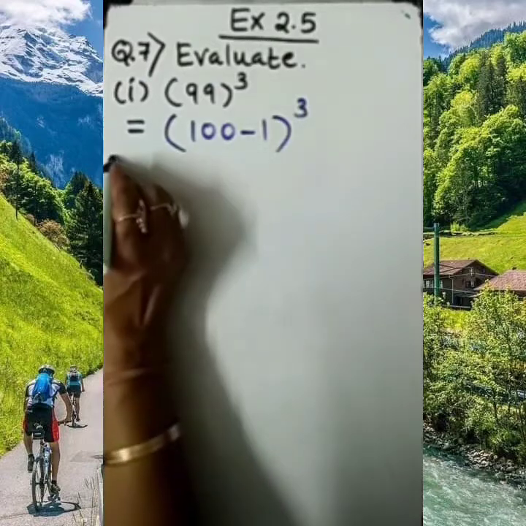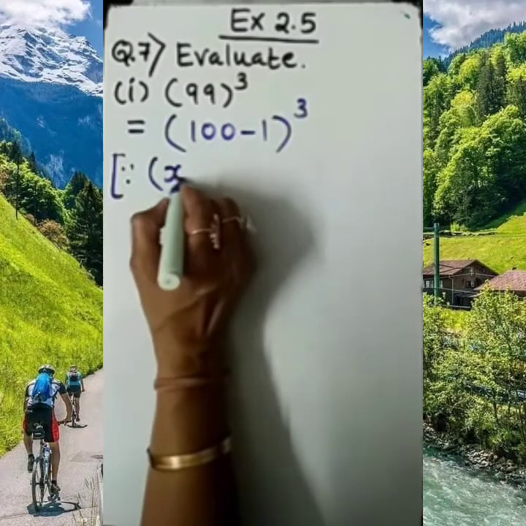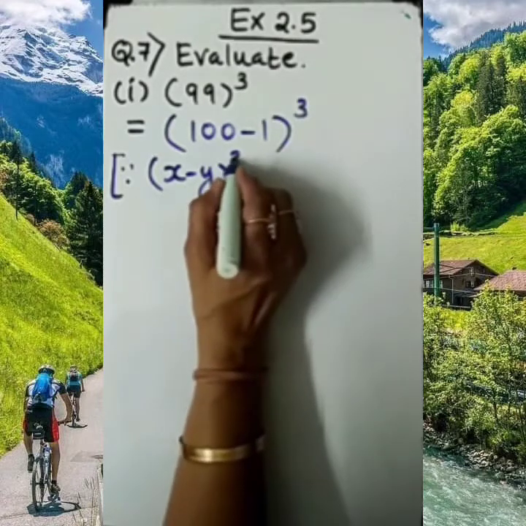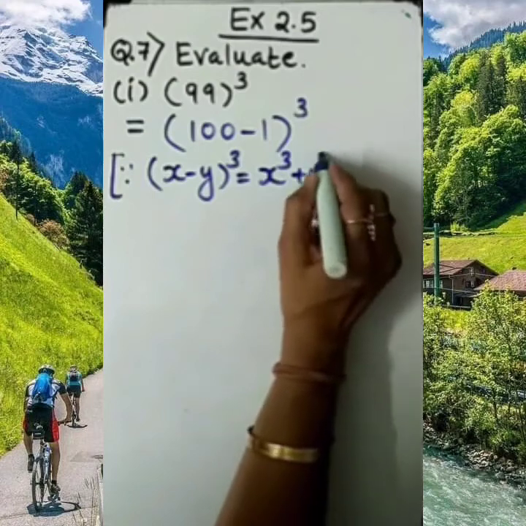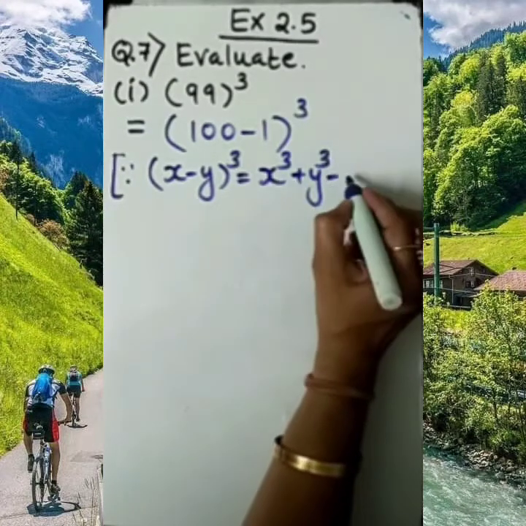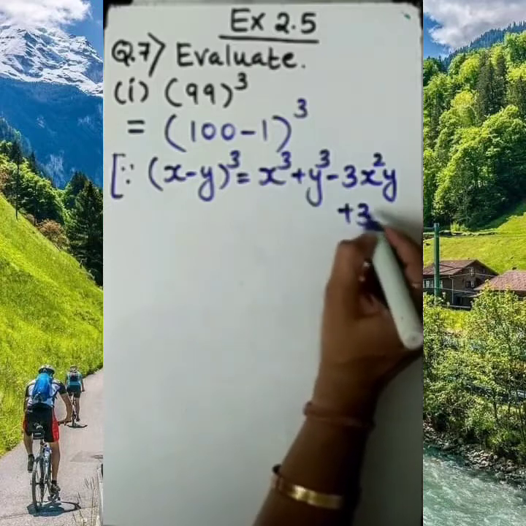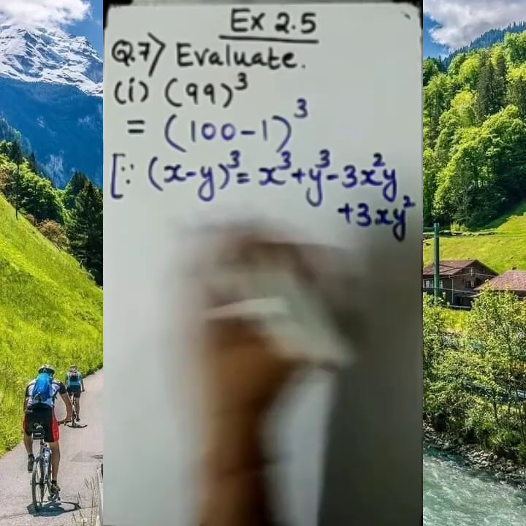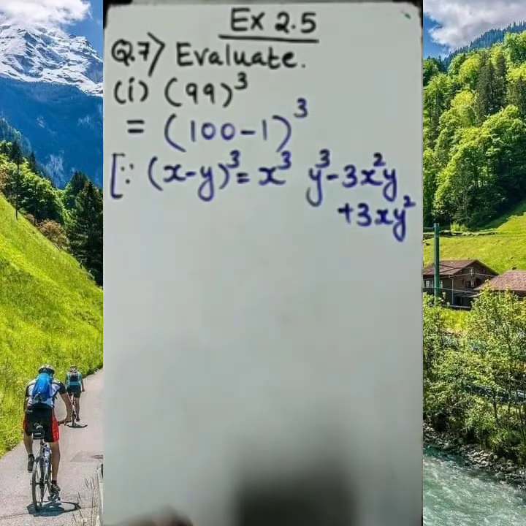Fine. So dear students, here it is minus. So which identity are we applying? I am mentioning it again for you. I am choosing x and y here, and the identity will become (x minus y) whole cube equals x cube minus y cube minus 3x square y plus 3xy square. So here it is minus. Here it is minus.